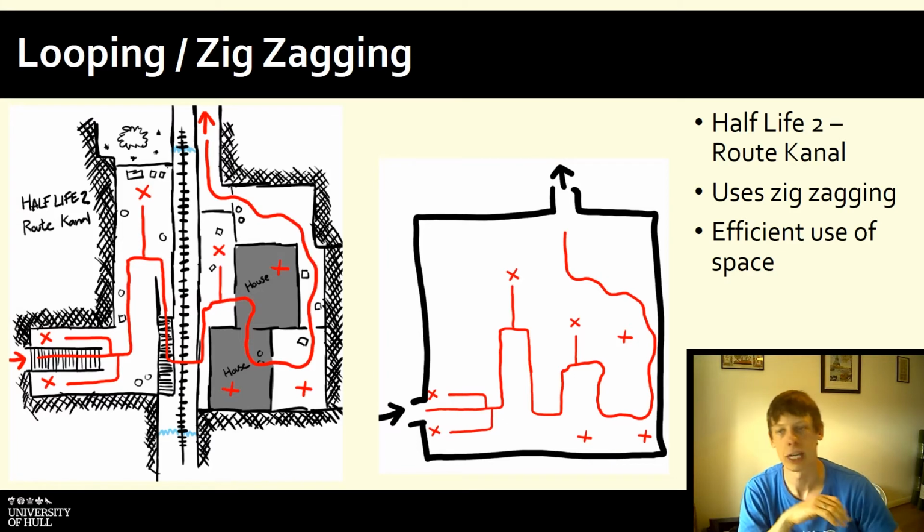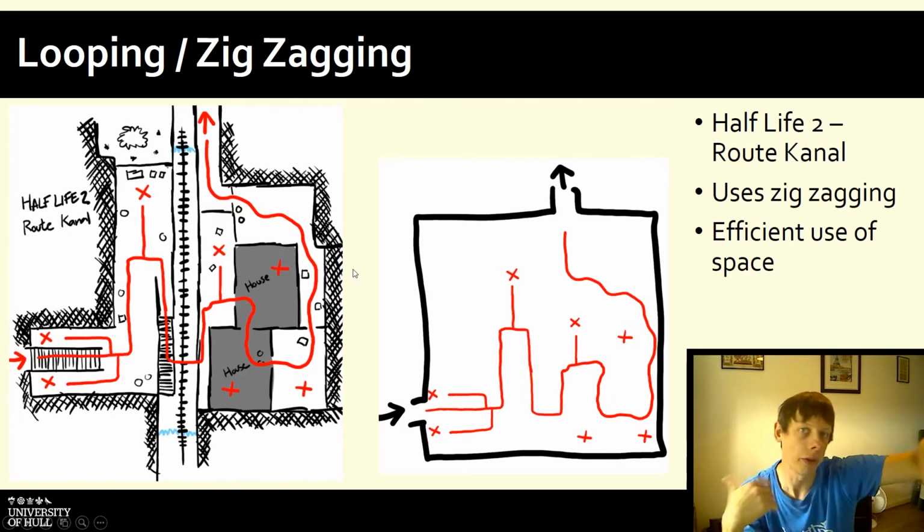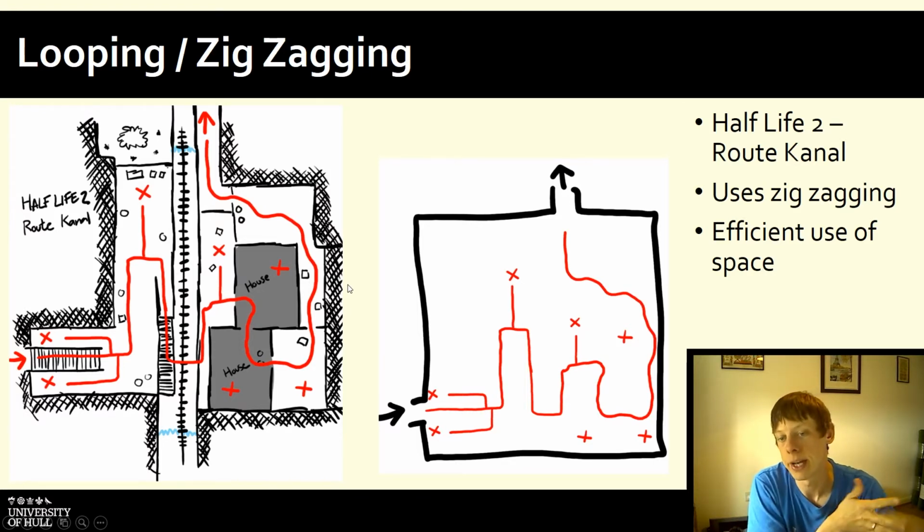There's the shanty town section later on before they get onto the hoverboat, and again you're zigzagging around this space, and there's plenty of opportunities for that. But essentially this makes efficient use of the space because you are forcing the player to maneuver around and travel back on themselves, and it feels a bit more like a real space.